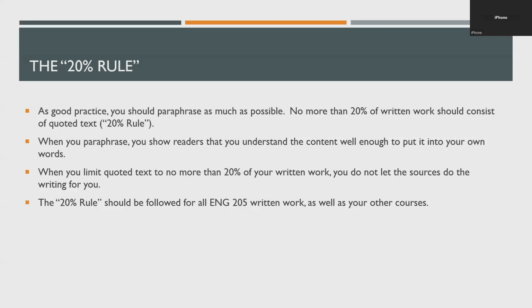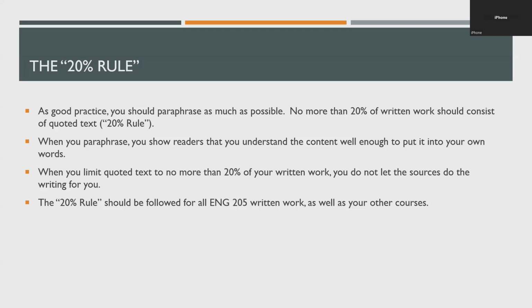So when you write a paper for this class, you're going to want to look at your Turnitin report and make sure that your match rate is low. This is something that you can see too. This isn't secret hidden information. You also have access to your Turnitin report. You want to make sure that 20% or less of your paper matches other texts. We don't want to quote too heavily from our sources.